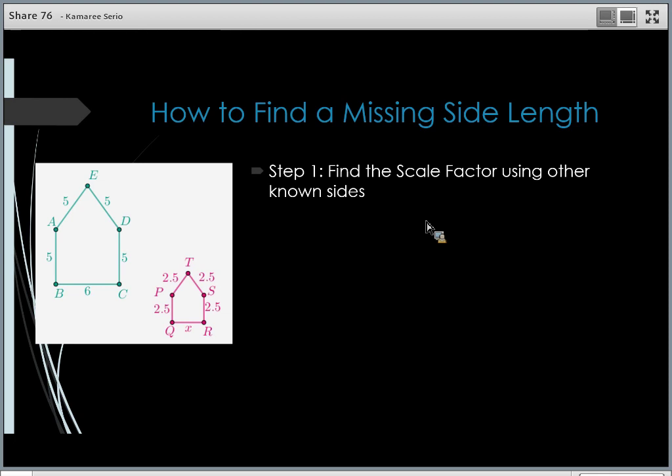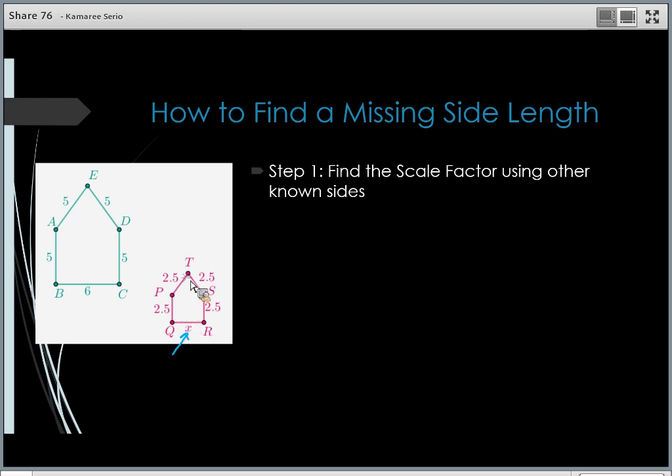So first thing we're going to do is find the scale factor using other known sides, which means that since I don't know what my x is down here at the bottom, when I use this to find my scale factor, I don't want to pick the 6 as my side because I don't know what x is. So you want to pick any other side where you have both numbers.